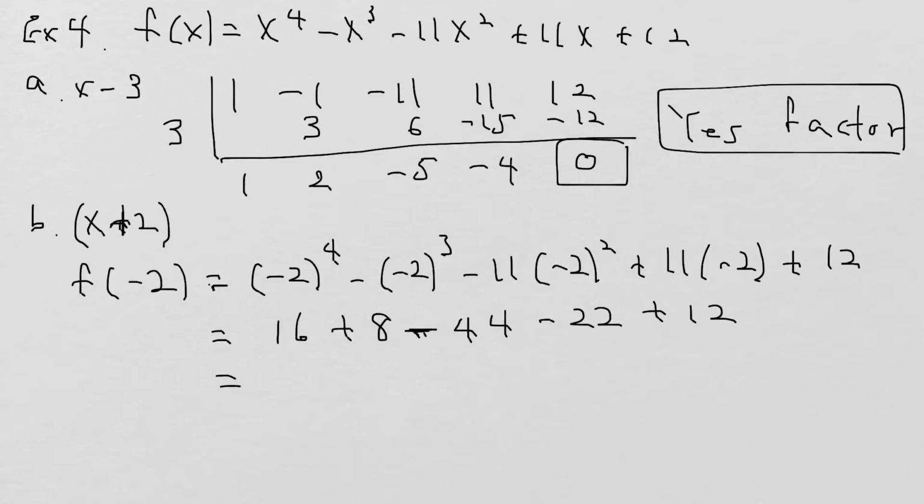This gives you 33 positive minus 66 negative, which is not going to be 0, right? This obviously is going to be negative 33. So if it's not 0, then it's not a factor. Not a factor.